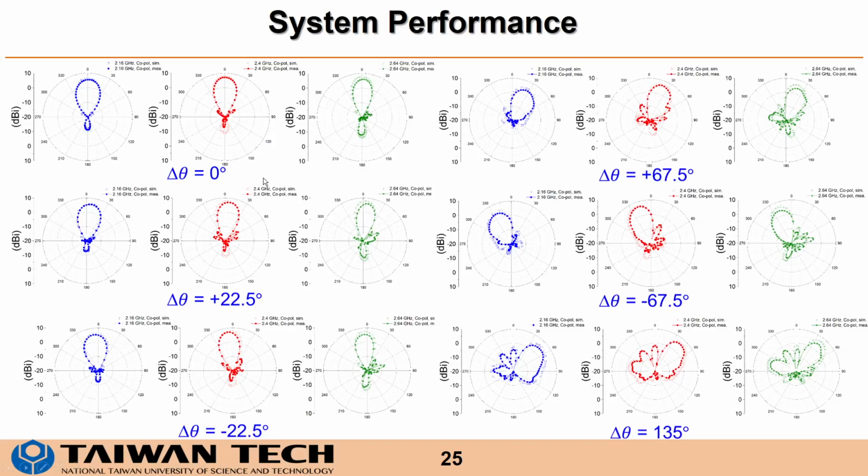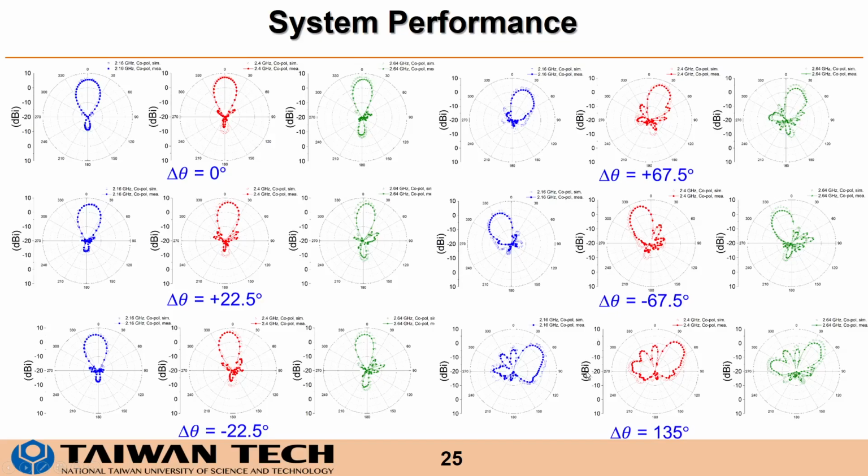As we mentioned, from minus 30 to 30, we got a very good result in terms of the beam variation error, and also the side lobe level of the structure still remains very good.